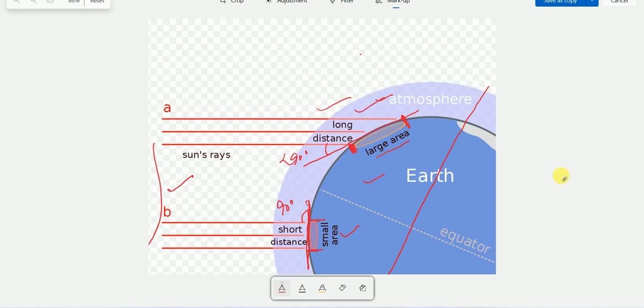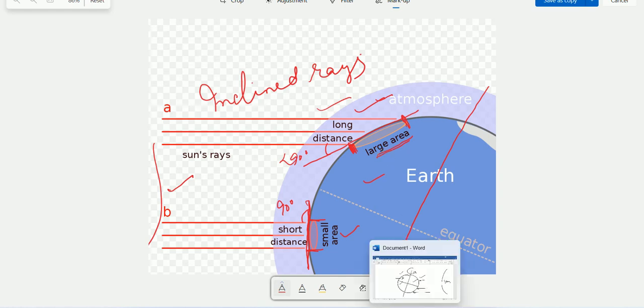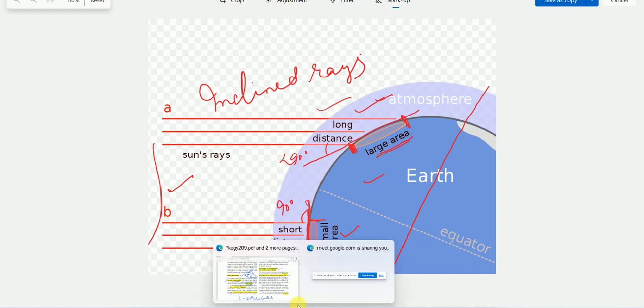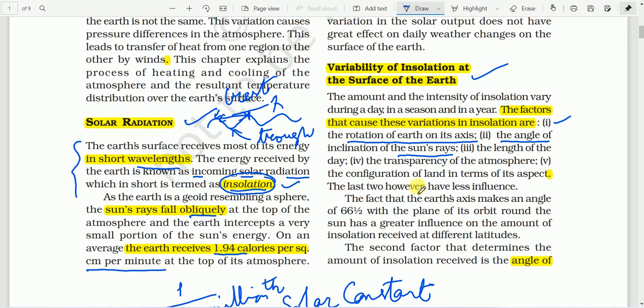In the case of inclined rays, heat is distributed over a greater area, and hence it is cool. So in this way, due to the inclination of the sun's rays on the surface of the earth, there is variation in the amount of insolation received by the earth.